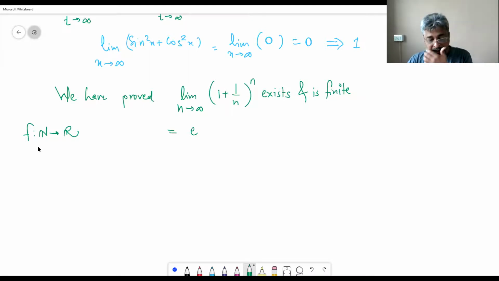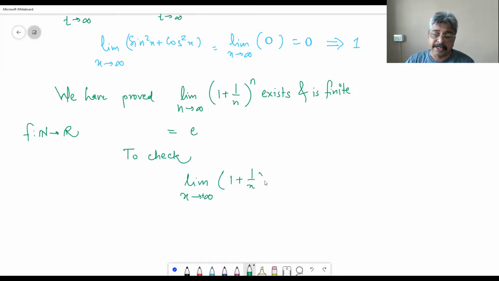Now, having done this, it is our responsibility to check whether limit x tends to plus infinity, to start with, of (1 plus 1 upon x) raised to x is still equal to e or something else. That is what we need to check now, because x is a real number.